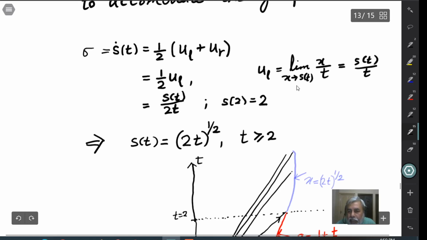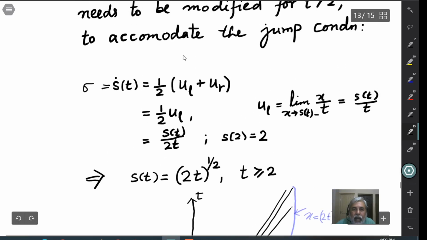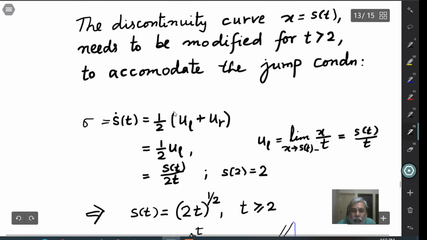So that is x by t, from the left, and that gives you s(t) by t. So this curve of discontinuity should satisfy this ordinary differential equation, namely s dot t, just remember that s dot t is ds by dt.